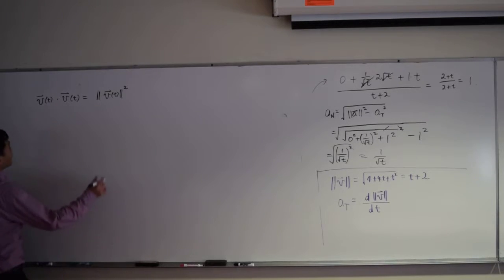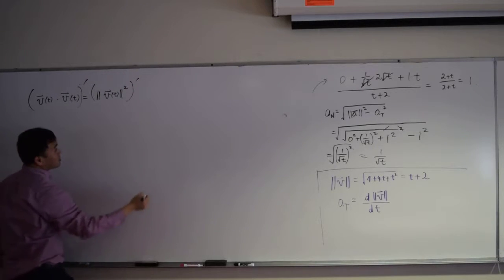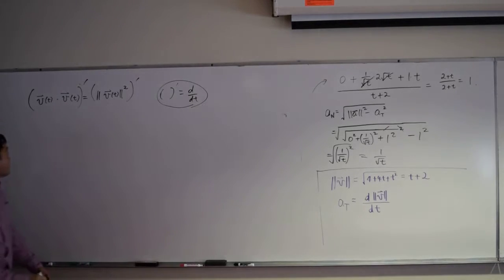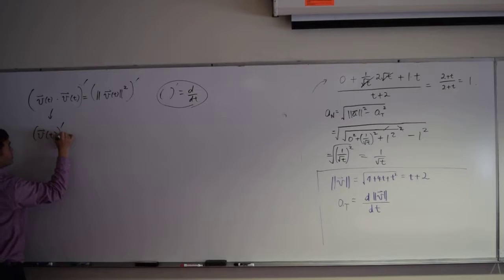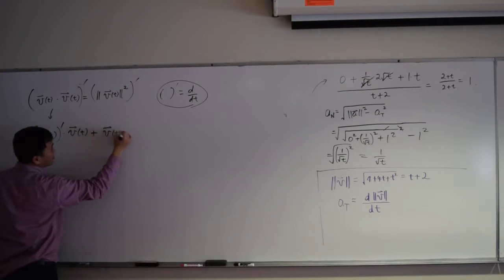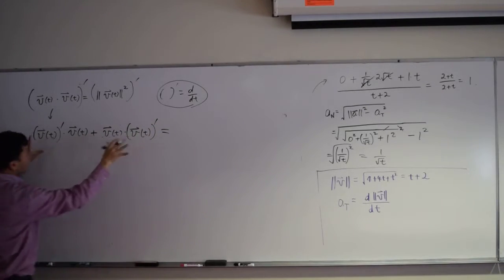Okay? Now we're going to differentiate both sides by t, where this really means d dt, okay? On this left side, I told you that dot products also obey the product rule, right? So I can apply the product rule and say v'(t) dotted with v(t) plus v(t) dotted with v'(t) is what you get on the left side.